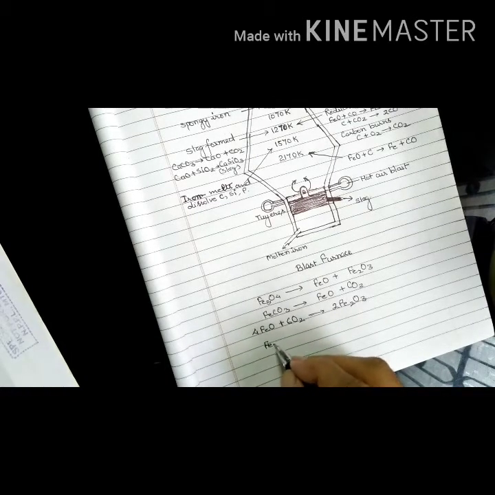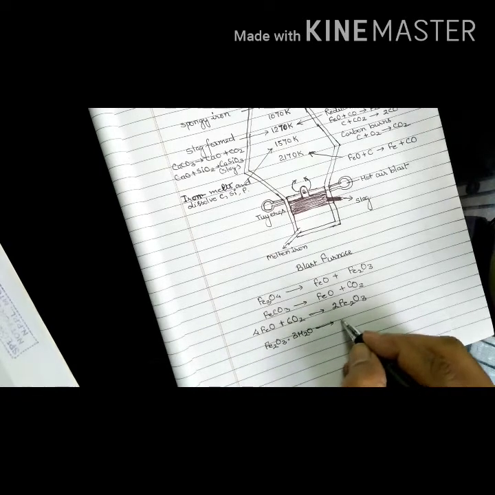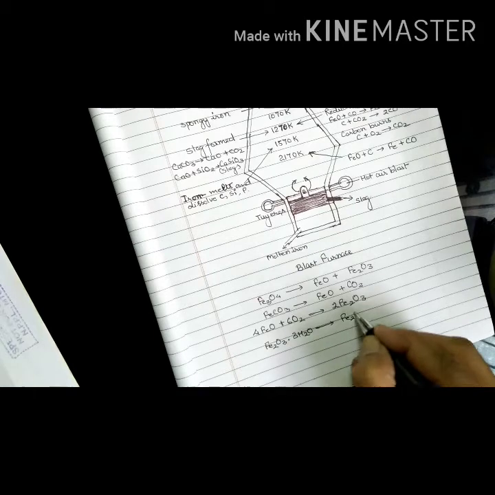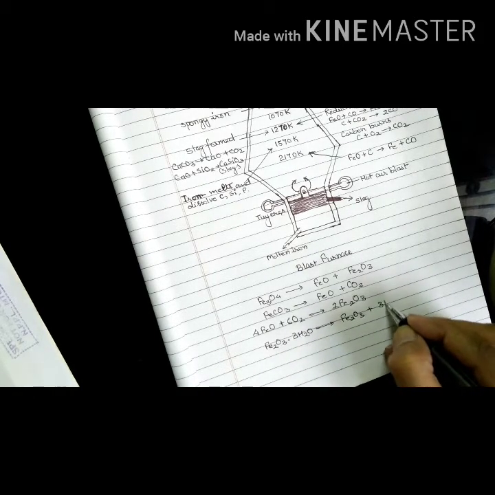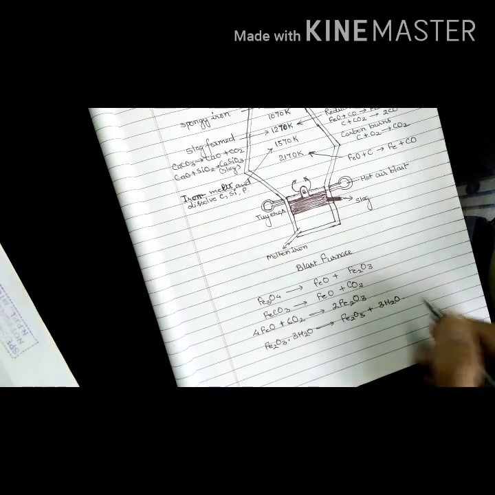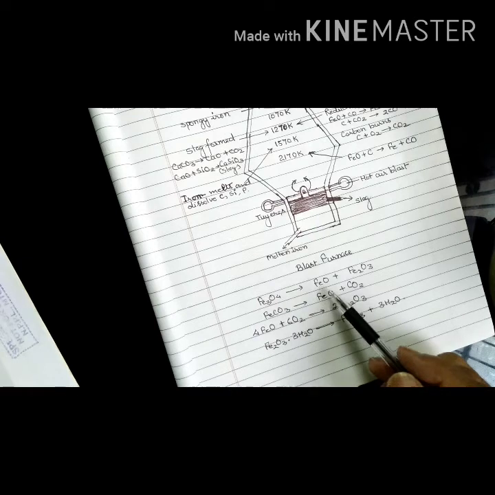And Fe2O3 may be hydrated, so this gives Fe2O3 anhydrous. So these are the reactions taking place in the blast furnace.